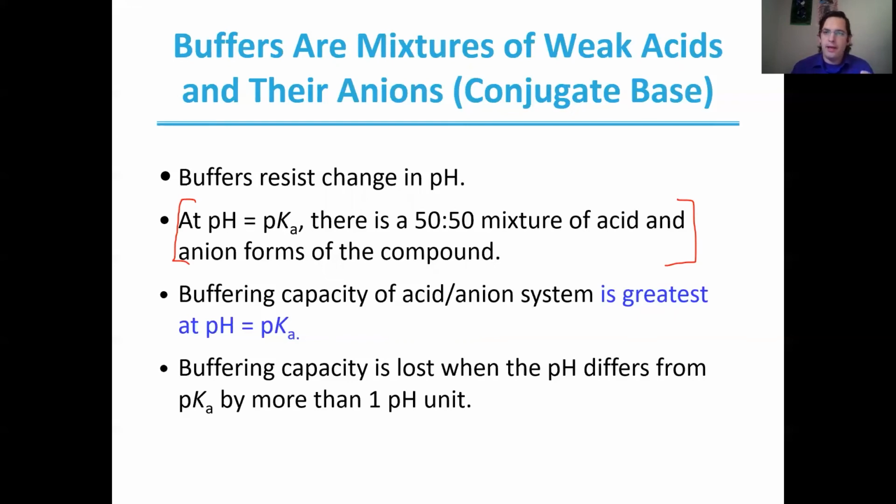So at that point, we have an equal amount of either our acid and conjugate base, and they can both be available then to resist any acids or bases that are added. As a general rule, we tend to say that we lose our buffering capacity when our pH differs from the pKa by more than 1 pH unit.